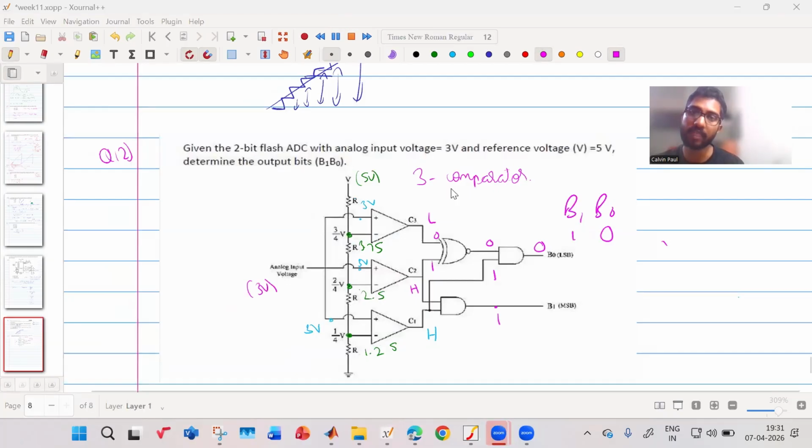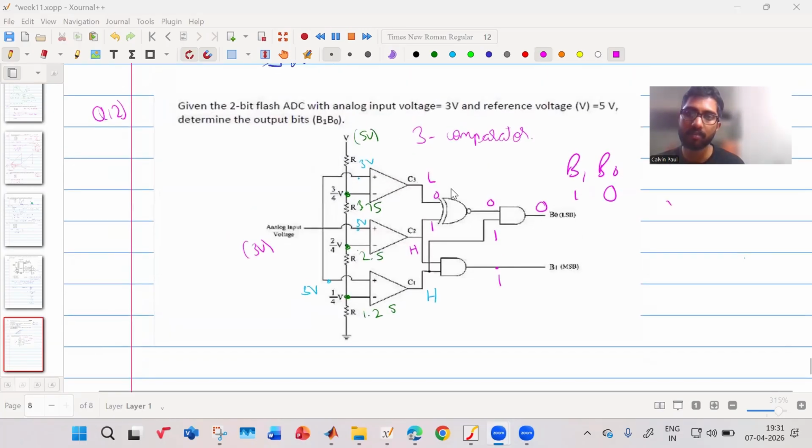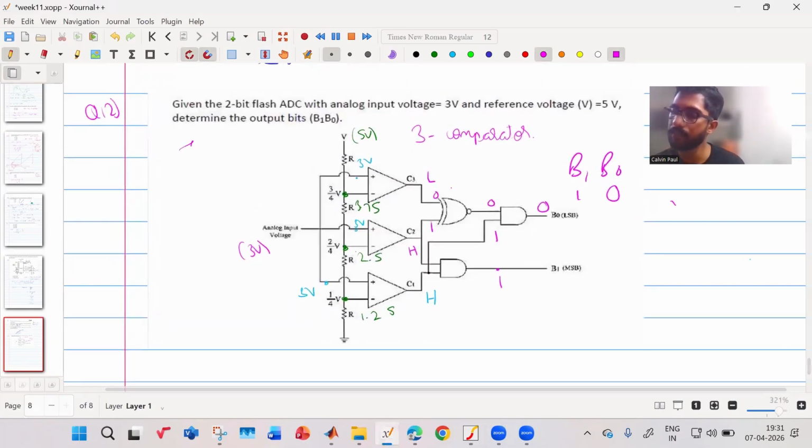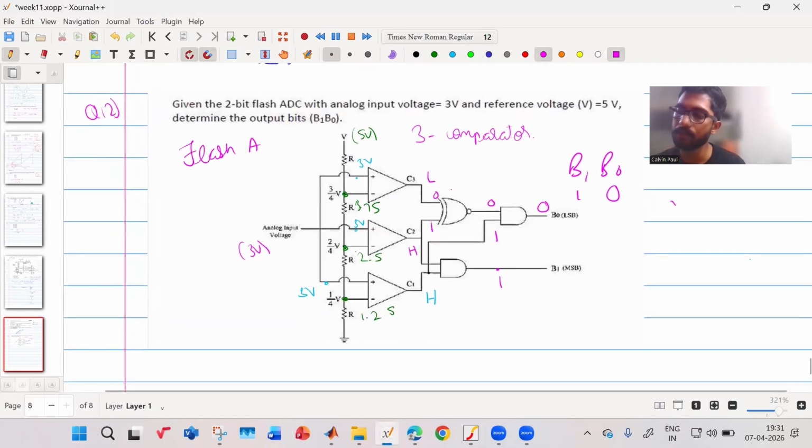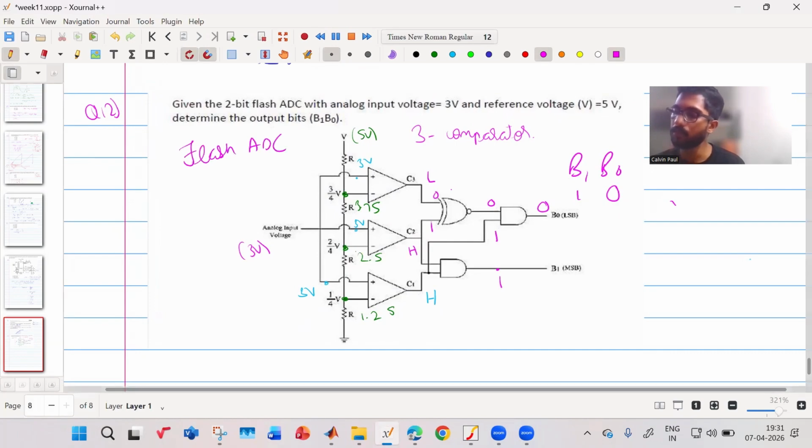Theoretically, what is a Flash ADC? Okay, fine. So this is your Flash ADC. Your VREF is 5 volt. That means your analog input voltage can range between 0 to 5 volt. It has three comparators. It is flash because it is fast. If you have a SAR ADC or a counter-based ADC, you increment, you check, you increment, you check.